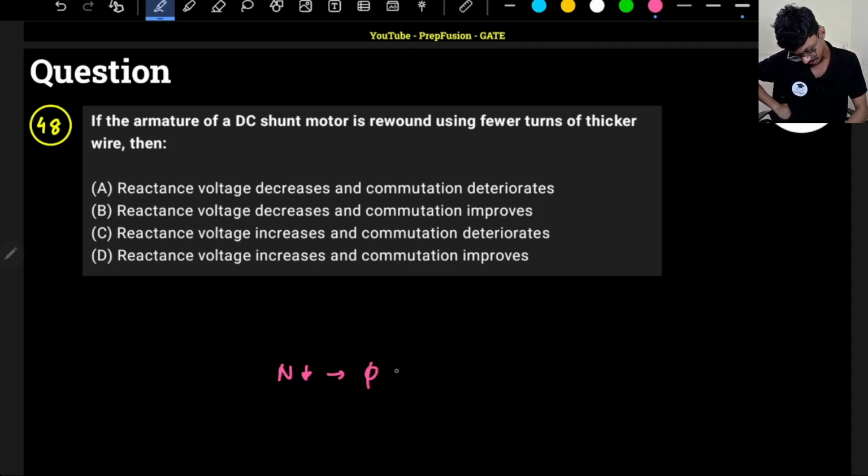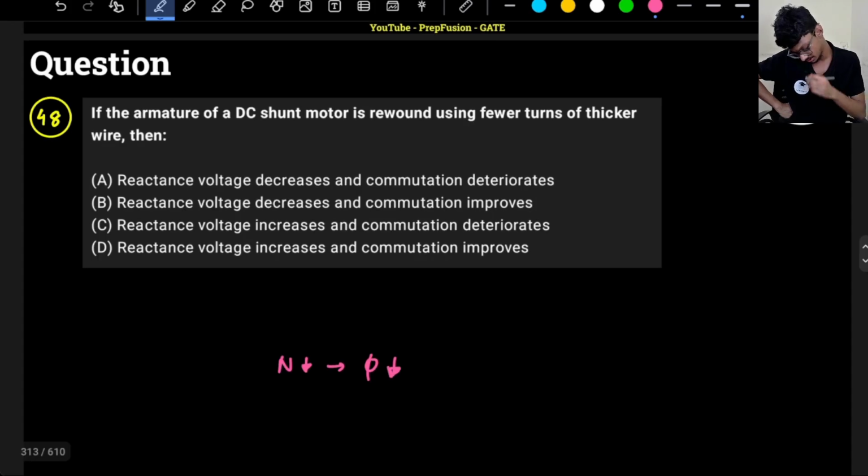So my flux will reduce, correct? If flux reduces, overall the induced EMF also will reduce, correct?